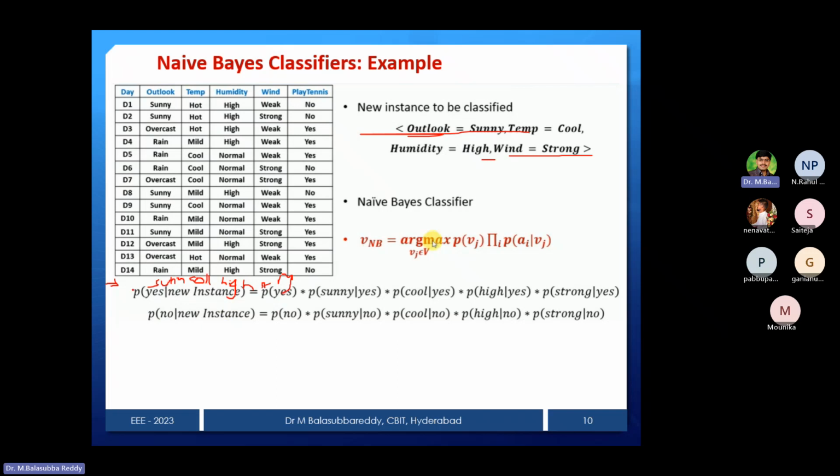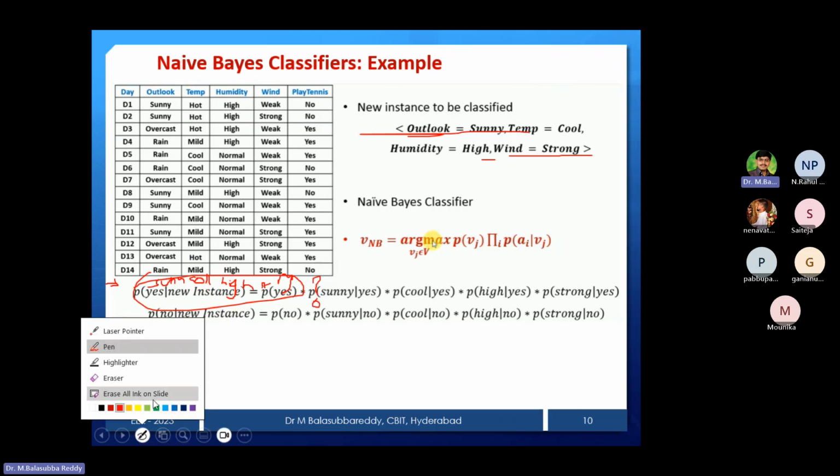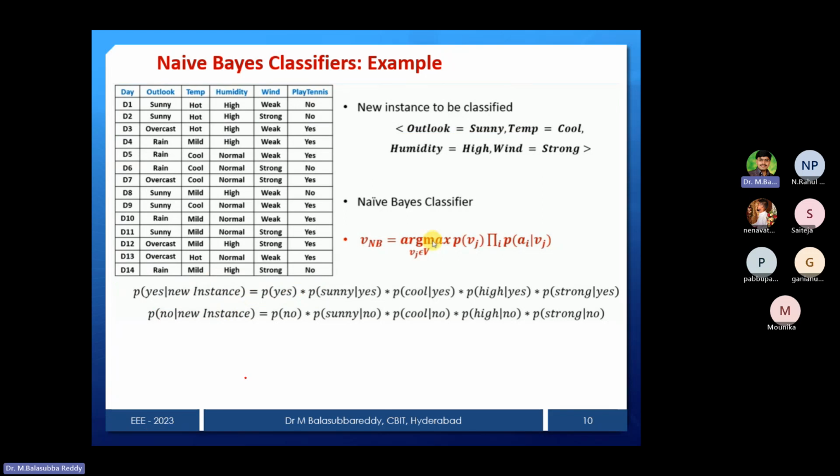So using this data, we need to predict this class. The only left out is play tennis or not. Based on the data, we need to identify whether you are going to play tennis or not with this condition. This is the present situation in the outlook, temperature, humidity, and wind speed.